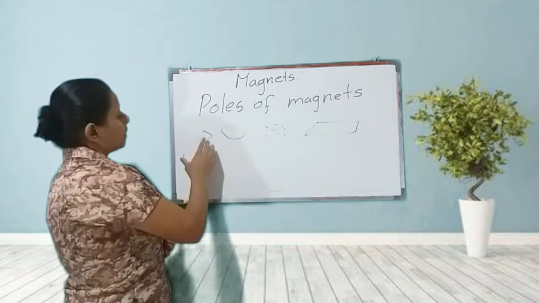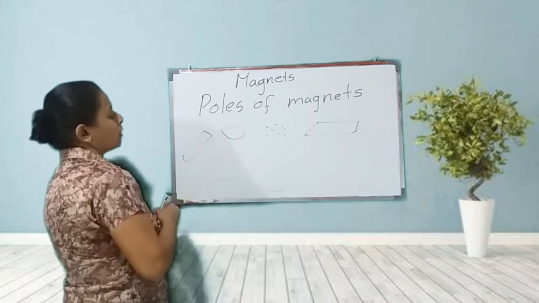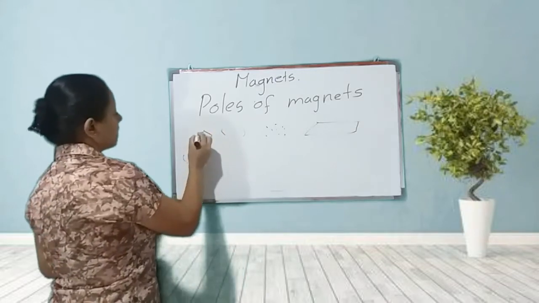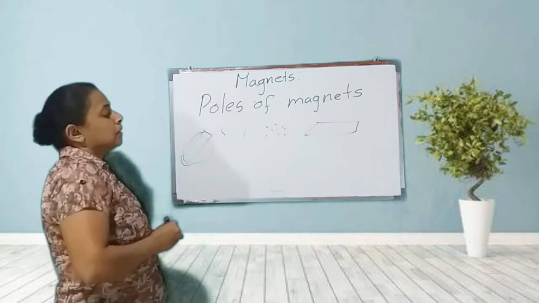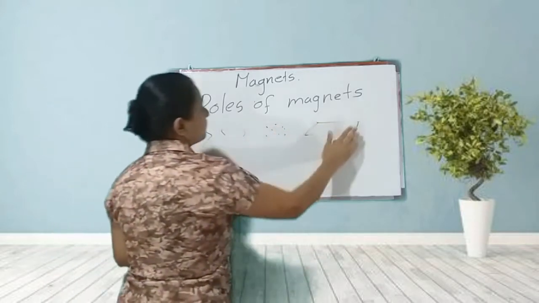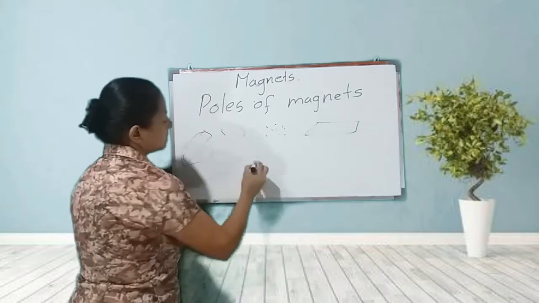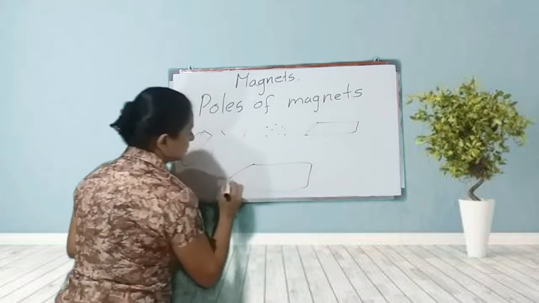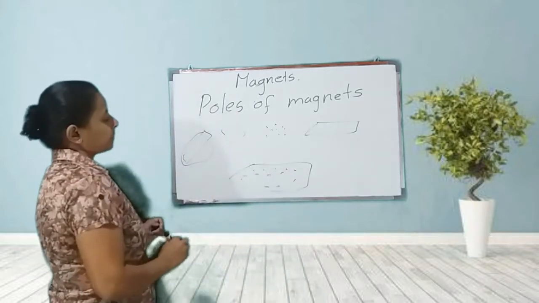We cover the magnet with the polythene sheet, and we spread the iron filings on the sheet of paper.